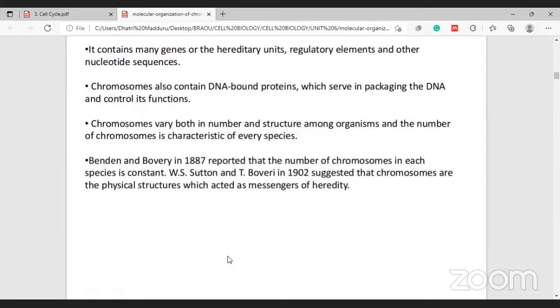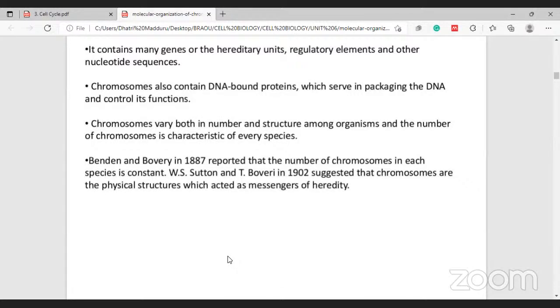They act as signals for the initiation of processes like replication, transcription, translation, or to stop something. For example, in protein synthesis, to stop translation we have stop codons, right? So the stop codons are regulatory elements, and they are also present on the chromosomes.